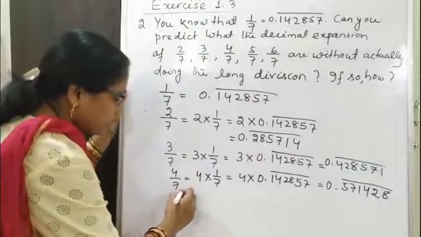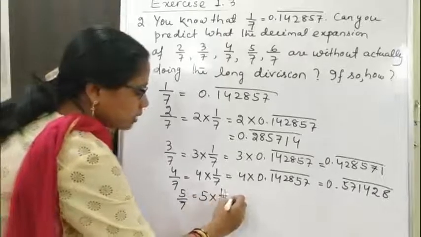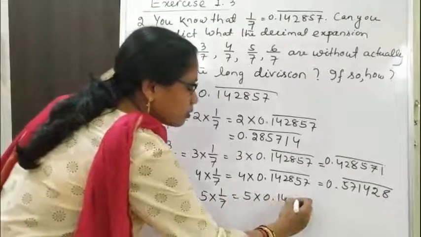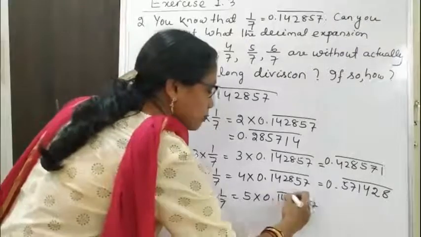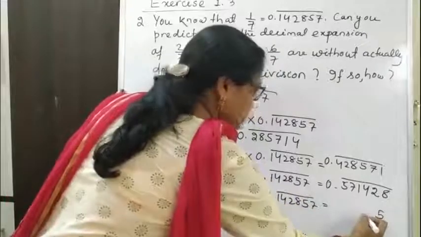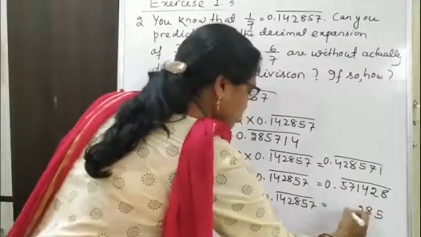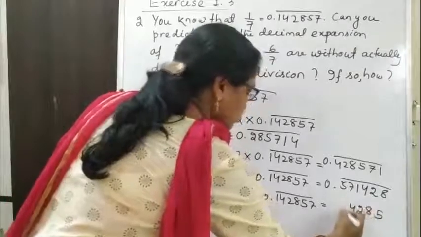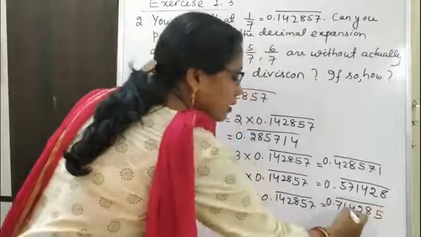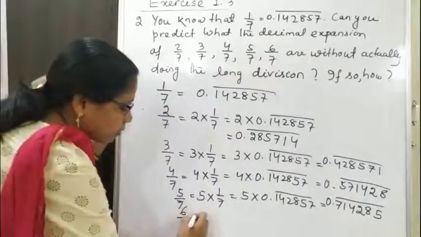Again, 5 by 7 is equal to 5 into 1 by 7, 5 multiplied with 0.142857 bar. So this is equal to 0.714285.